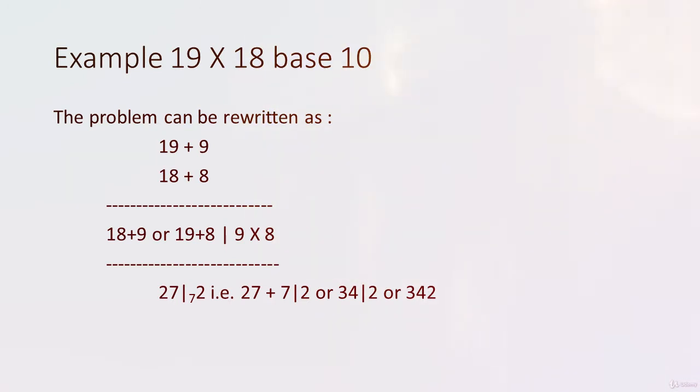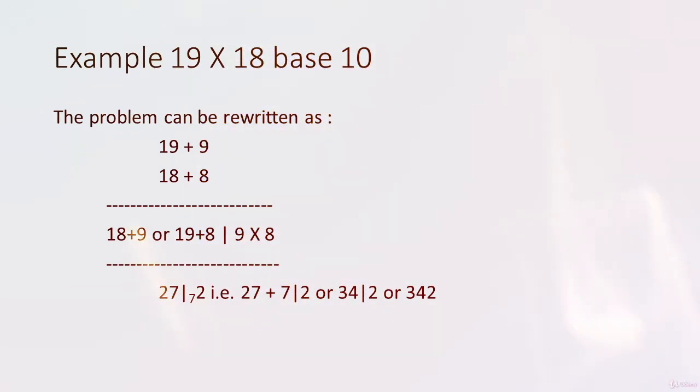Now we will do multiplication of 19 with 18. Here again we have taken the base as 10. When we take the base as 10, 19 is 9 in excess of 10, and 18 is 8 in excess of 10. So we can write 19 plus 9 and 18 plus 8.